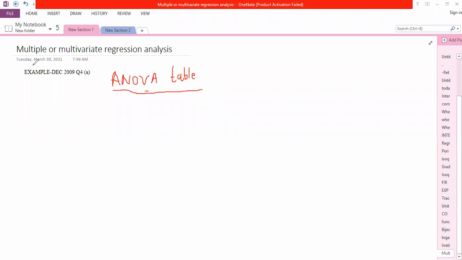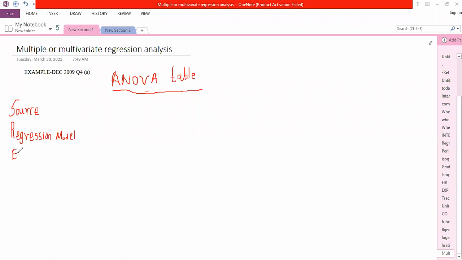The Anova Table. So this Anova Table, usually we start with the source. And then we have the effects of the regression. Some books call this one the model. And then we have the error term.